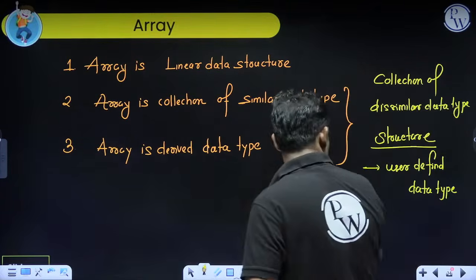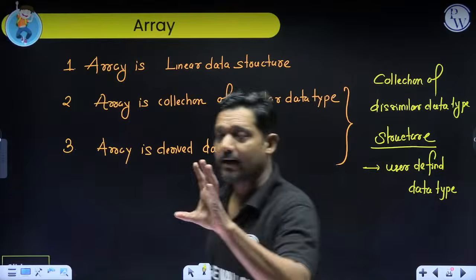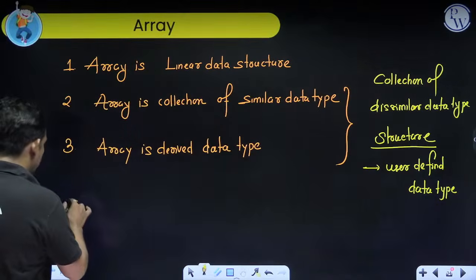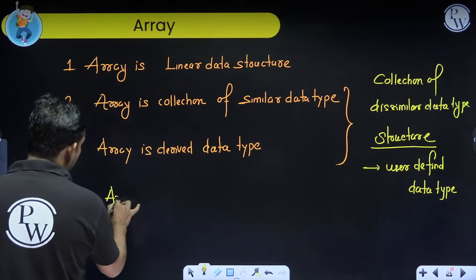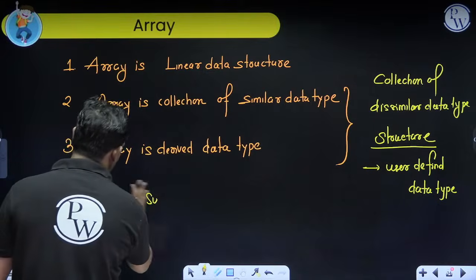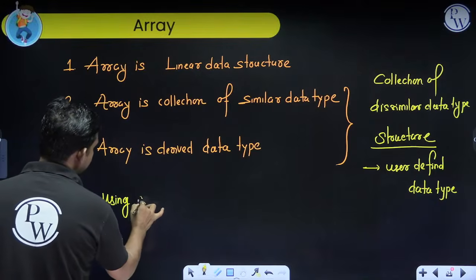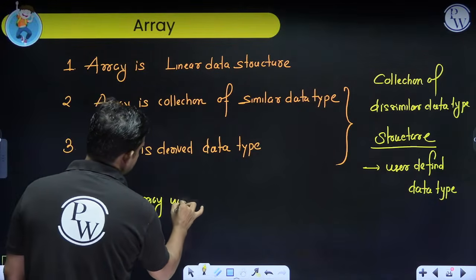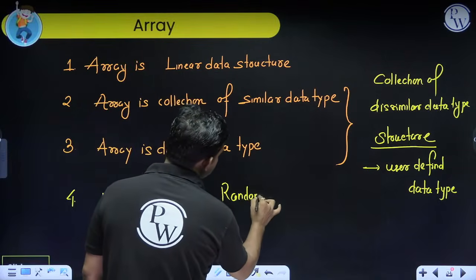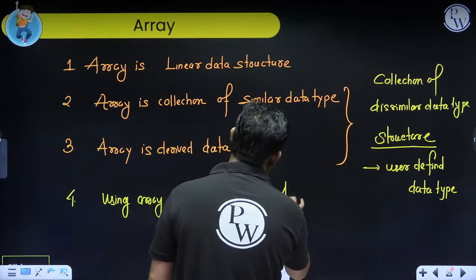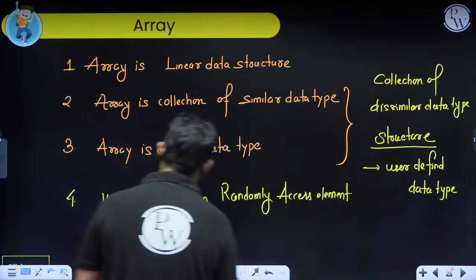Now the best part about the array, which is an issue of data structure but I am mentioning it here: using an array we can randomly access an element in constant time.